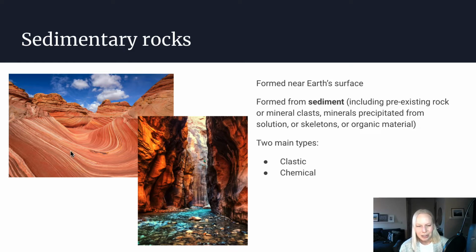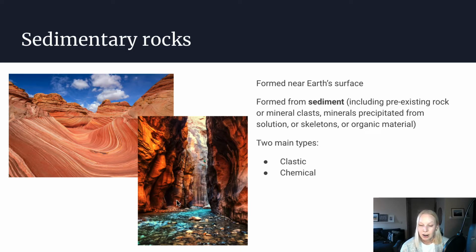And you can also see variations in the composition of this sandstone. You can see that some layers are more oxidized than others. You have sort of the light tan layers, which are less oxidized, and the red layers, which are more oxidized.